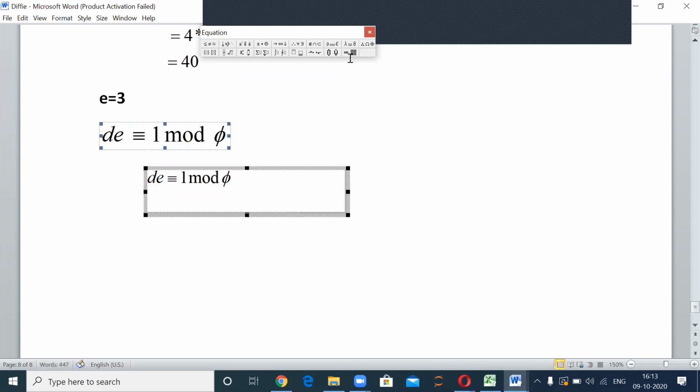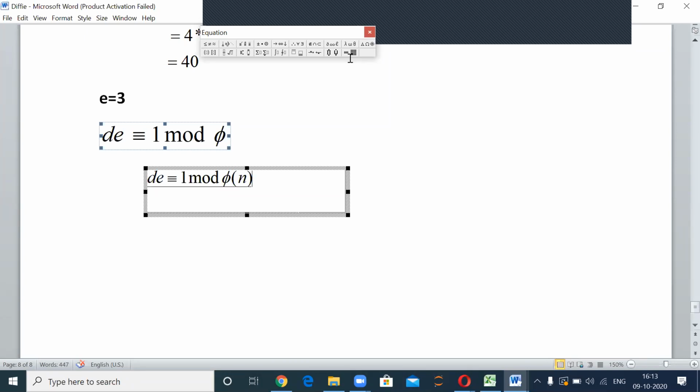This is the formula we are using. Now with this you evaluate the D value.